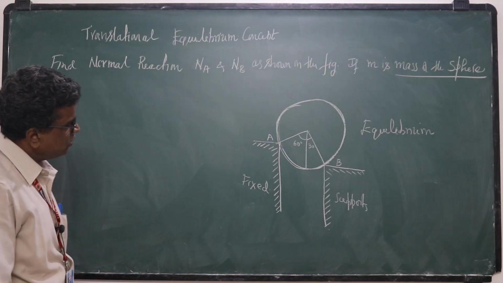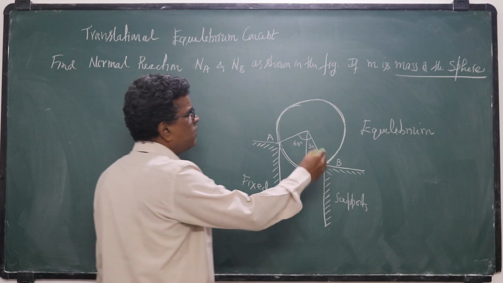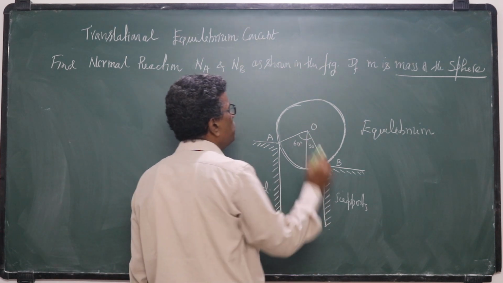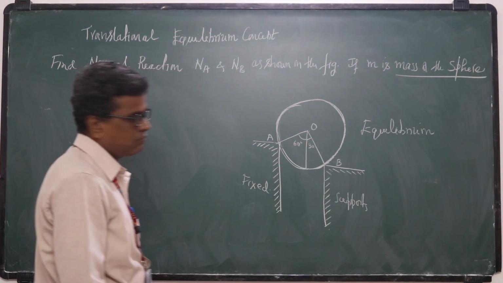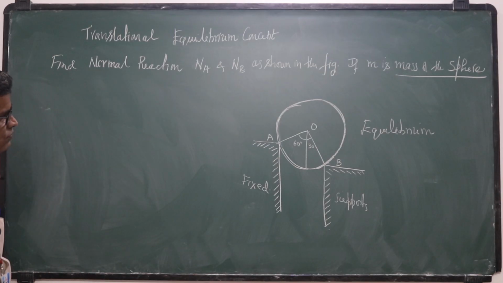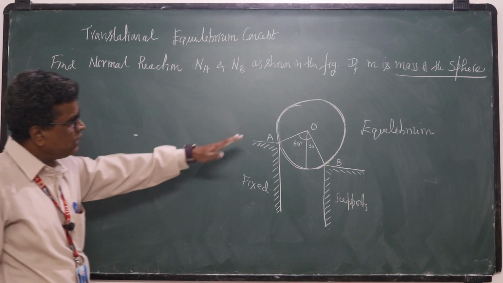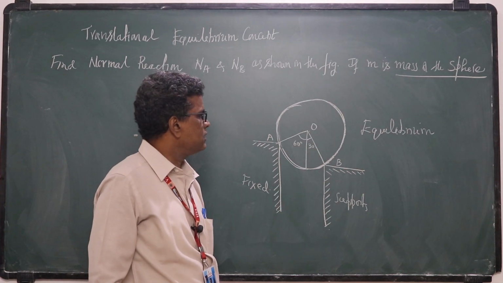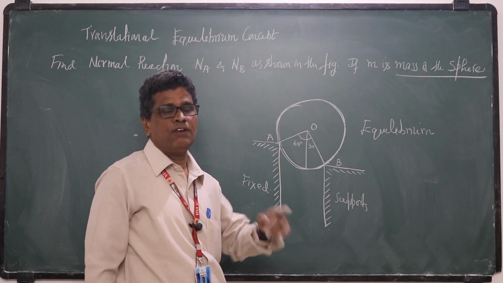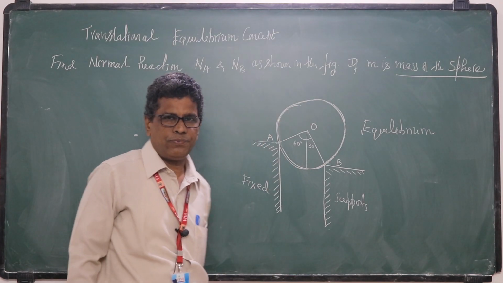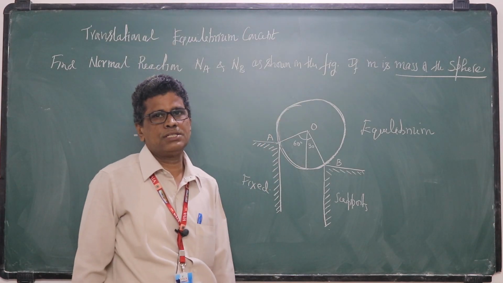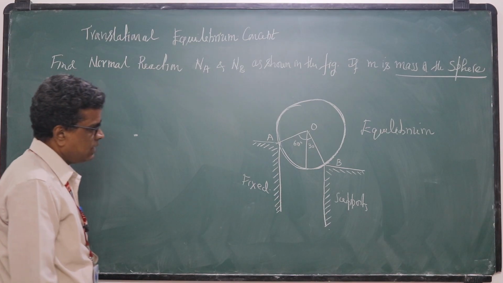Okay. So you assume M is the mass of the sphere. Let O be the center of the sphere. Taking this center of the sphere, you can assume it as a point mass and try to draw the FBD, free body diagram, of this sphere. Okay. Let us see.